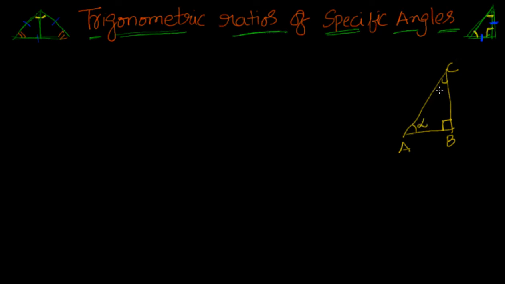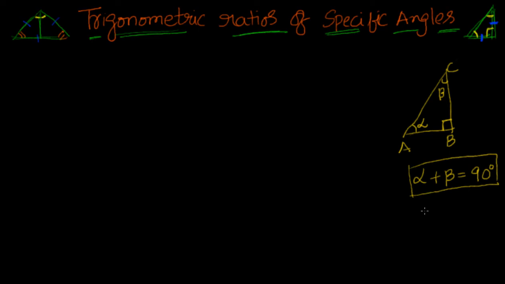Alpha can be 30 or 60, or beta can be something, right? You know one thing: alpha plus beta equal to 90. These two angles are complementary to each other. Now let us use this property and see how we can get this.